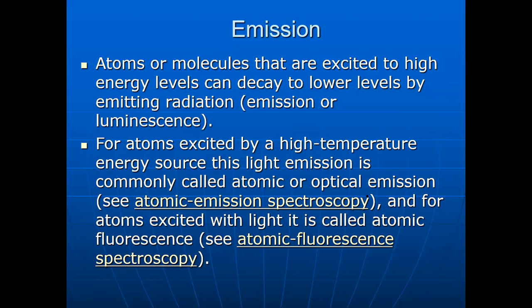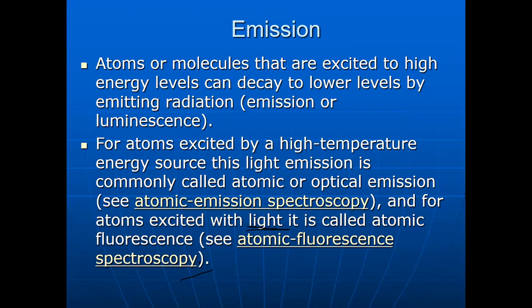Usually we will see more about this in atomic emission spectroscopy. And for atoms excited with light, it is atomic fluorescence spectroscopy. So we will read about these two phenomena in atomic emission spectroscopy and atomic fluorescence spectroscopy.